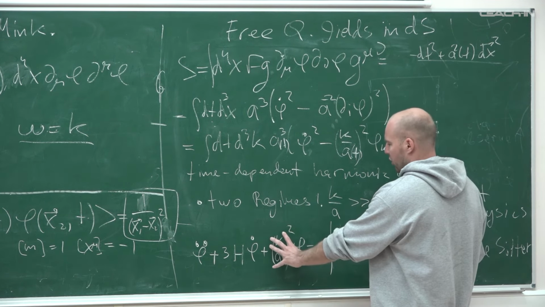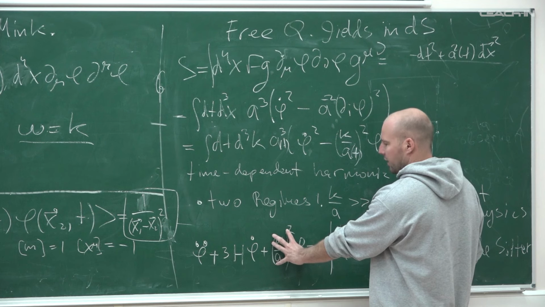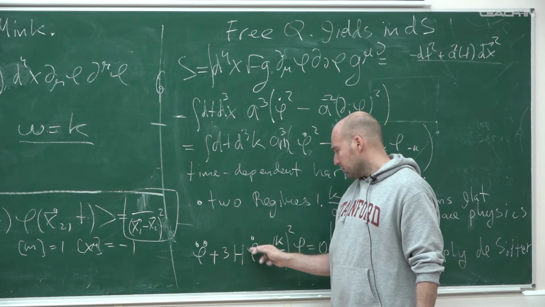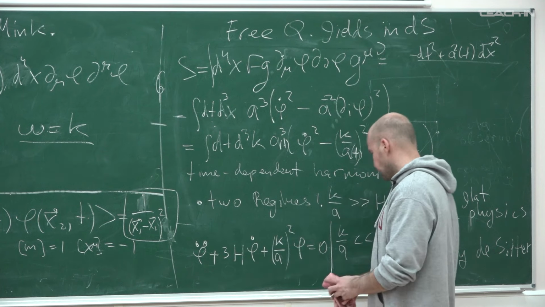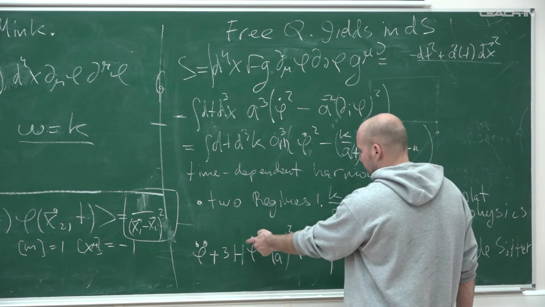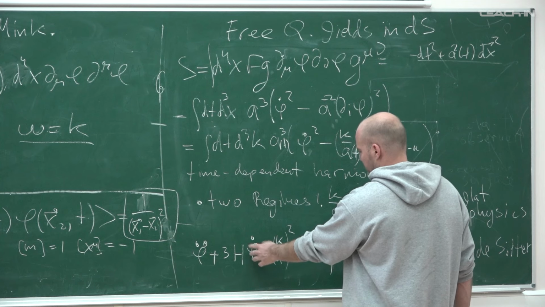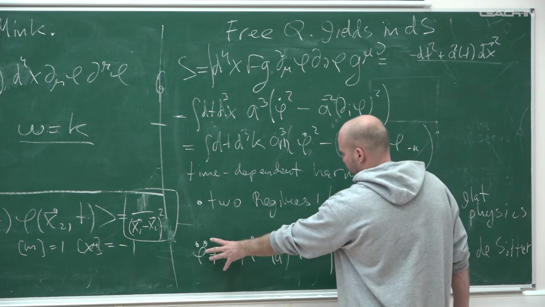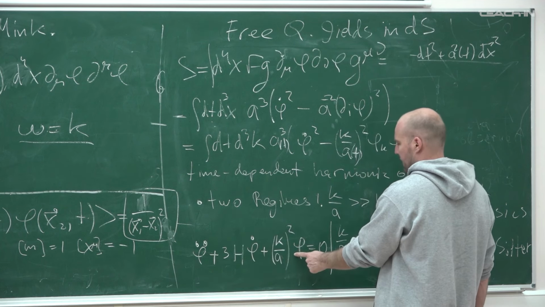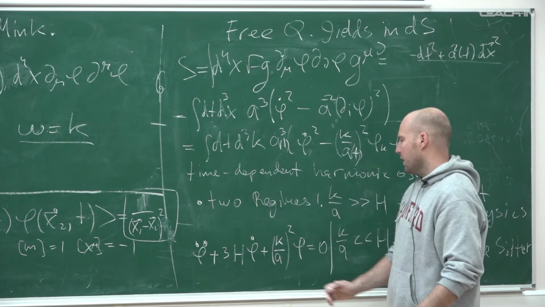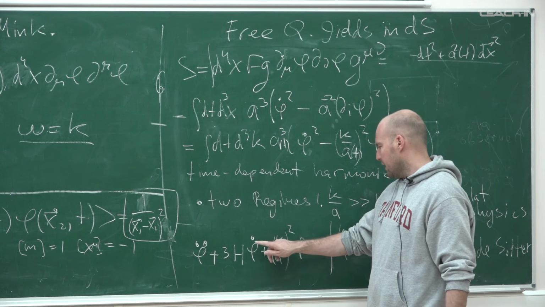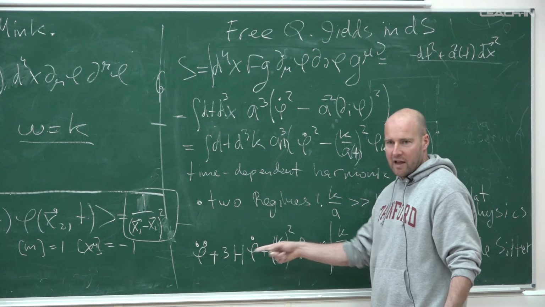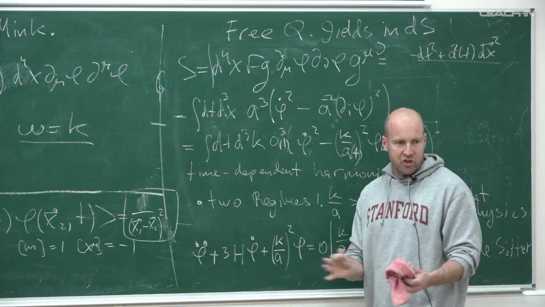Say I ignore this term and go to the deeply de Sitter regime. Then phi dot is something like H, and I have H squared. I start from one regime and see when the other term kicks in. Here, if phi dot is H, then I have H squared, the same as k over a squared. So H is roughly k over a; that's where the transition between regimes happens.